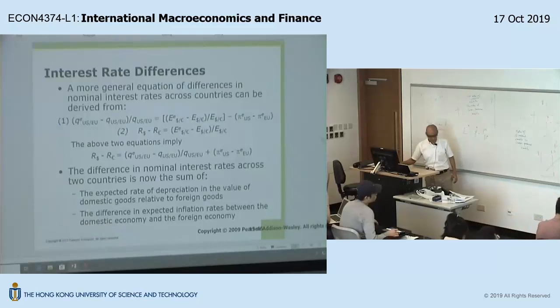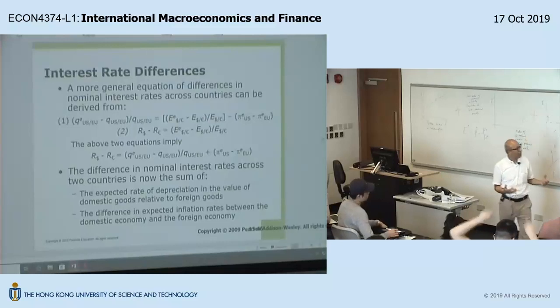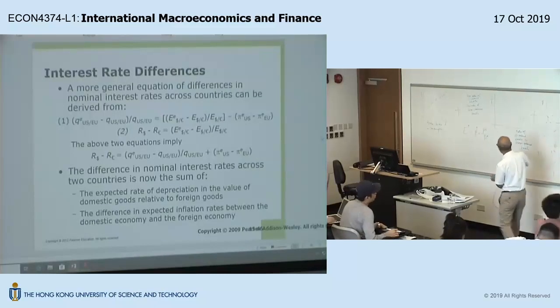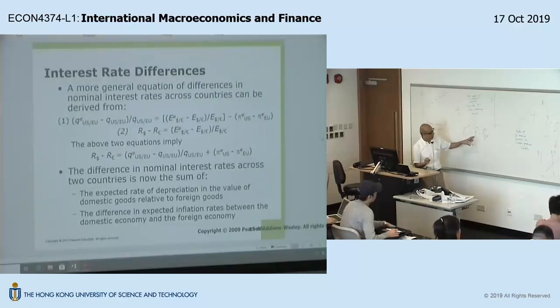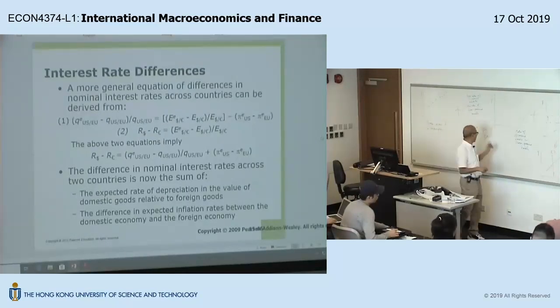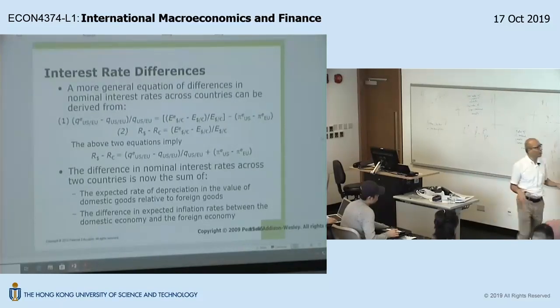The rest is actually not that hard. Once we realize that the real exchange rate is not necessarily constant, because something can happen in the real side of the economy, we have to take that into account when we derive our equation.